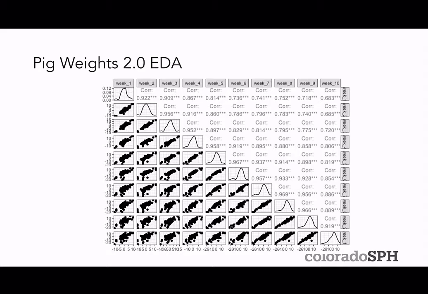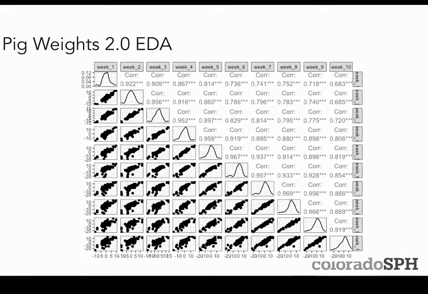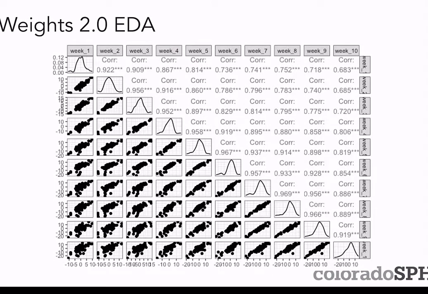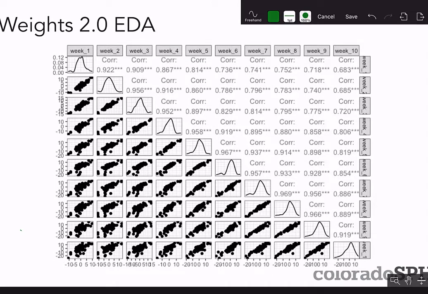I'm only looking up until week 10 here because it just fits better on the screen, but normally I would look at all 12. And here you can see in the residuals, there's a strong correlation in the residuals at each of these time points. And you can see that reflected in the actual numbers as well.